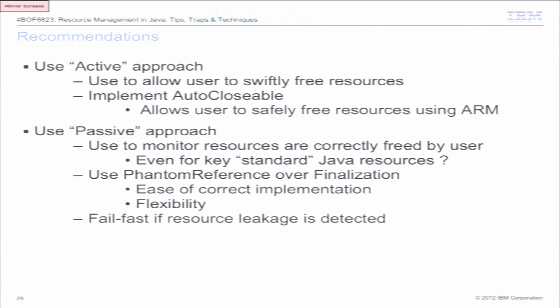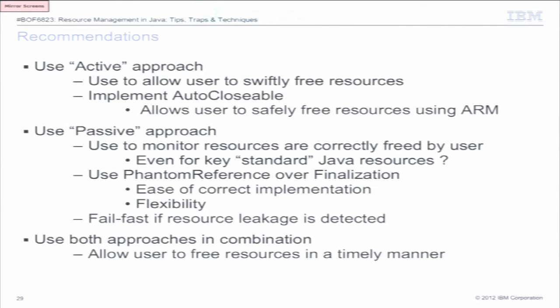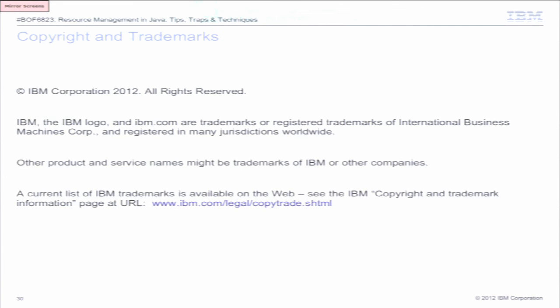It's best to tell the developer early on, at the first instance where you detect it, that they're not doing something right, rather than trying to soldier on manfully. And use both approaches in combination so that the user can free things off in a timely manner, and so that you can monitor and report resource leakages due to that not happening.